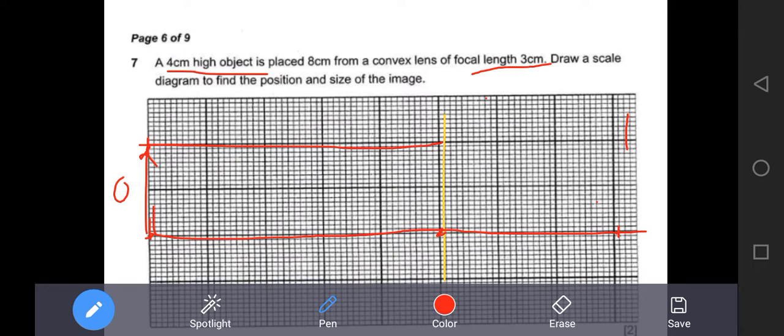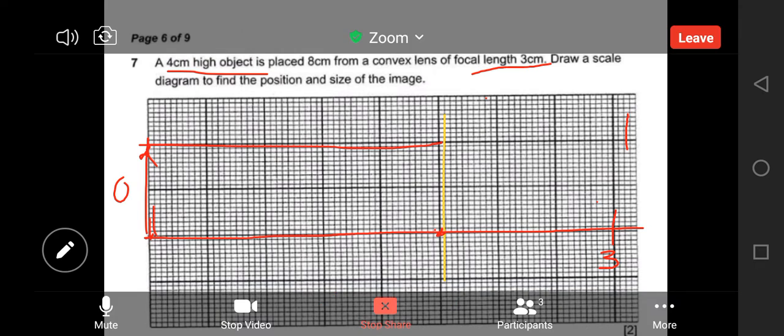From here, you measure your 3 centimeters. Use a rule to measure. Maybe your 3 centimeters is here. Oh, sorry, I've lost the line. Okay, maybe your 3 is here. Are you able to see where I'm putting my 3? Yes, sir, I can see it. So your 3 is there.